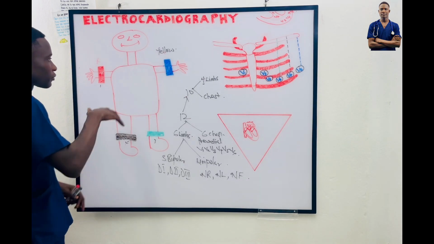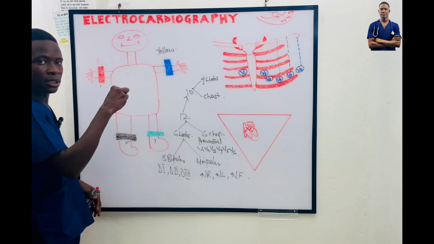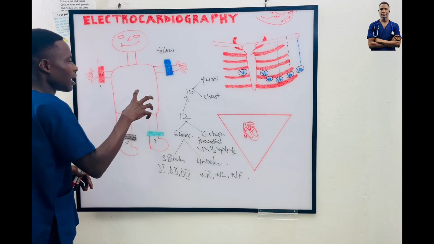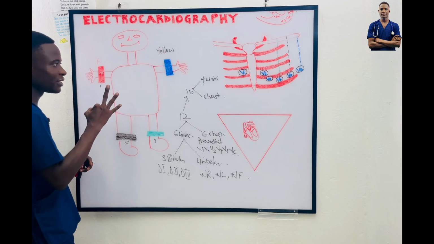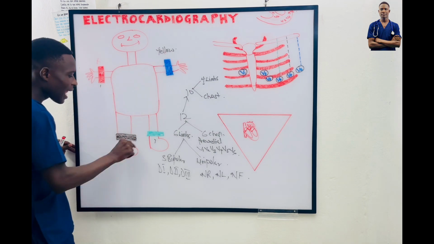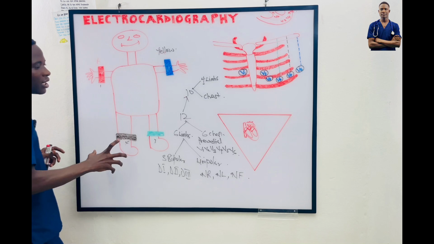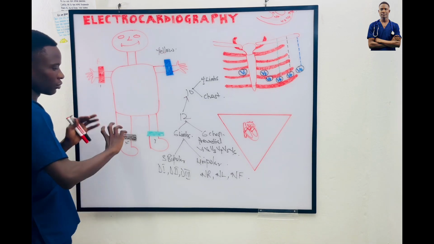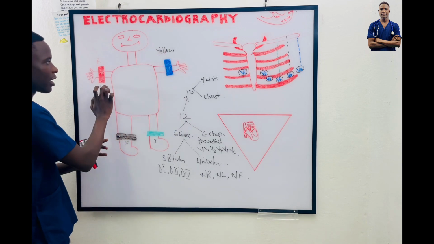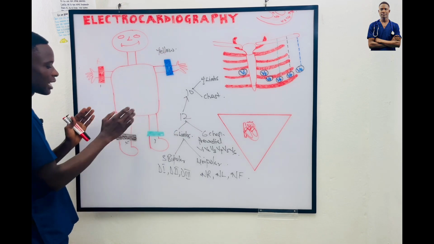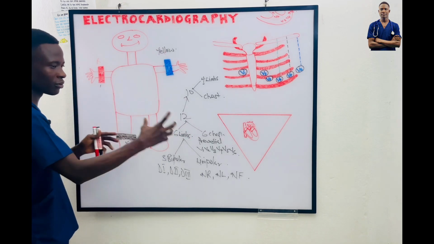Actually these electrodes, do you understand? Out of the 4, 3 take the electrical activity, but one doesn't. The black one does not work with the three of these, the red, yellow, and green. It doesn't take electrical activity to be transmitted.